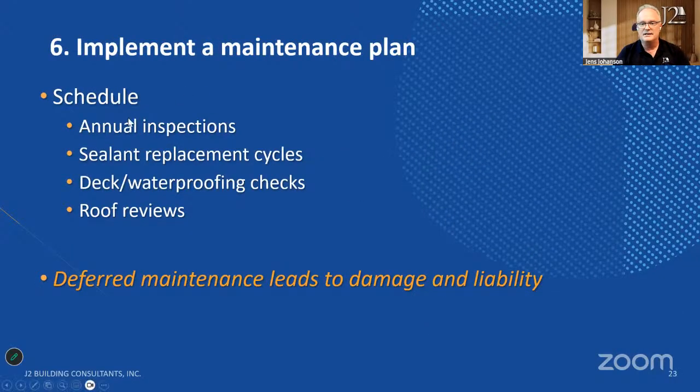Now, implement a maintenance plan. We've got schedules, annual tasks, cycles, inspections and recordings. We've got, again, roof reviews. Was this an overflowing gutter that just had too many leaves in it that caused these leaks? Was it done wrong? Deferred maintenance leads to damage and liability.